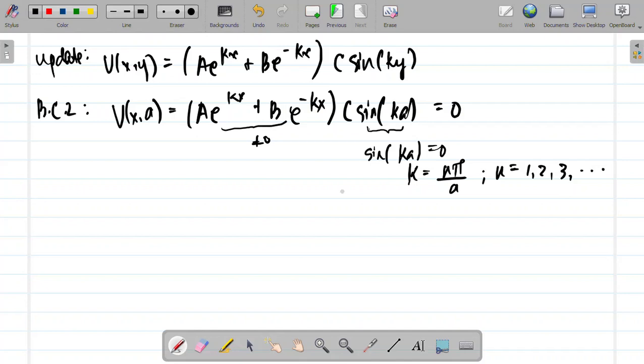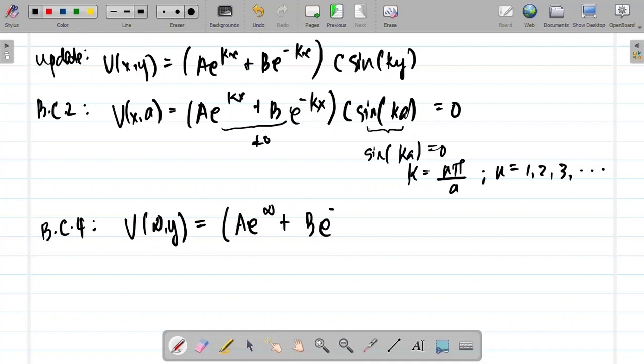So now class, isi-skip ko yung boundary condition 3. Maya na natin yun gamitin. Boundary condition 4 muna tayo. V of infinity, comma y equals a e raised to infinity plus b e raised to negative infinity c sine ky equals 0.